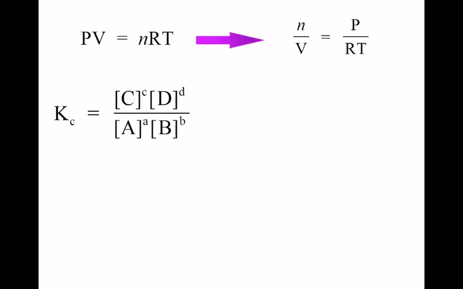Well, if we take the ideal gas law equation and rearrange it for n over V, n over V is moles per liter, so n over V is molarity. And then we take that concept now and basically substitute it into our Kc expression. It looks like this.